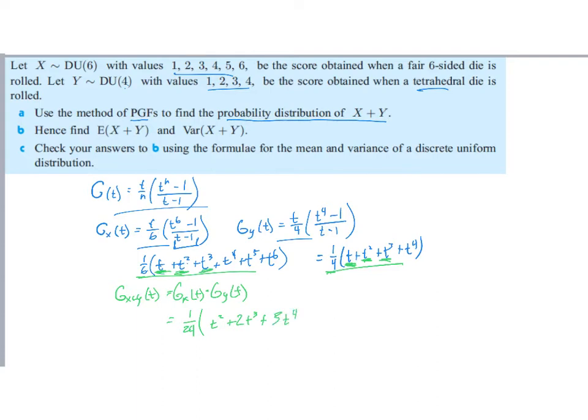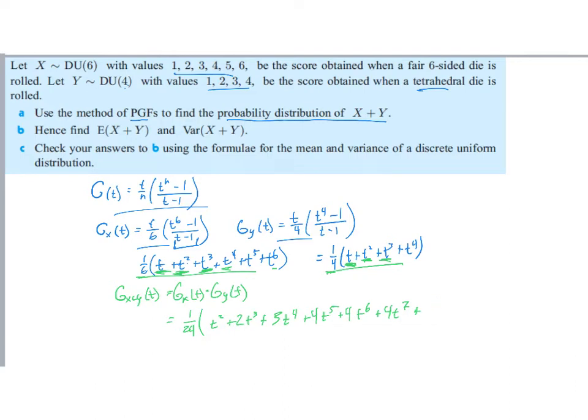From then on, I'm going to have 4 ways of getting t to the 5th, t to the 6th, t to the 7th, and by t to the 8th, I can only get 3 of them, right? Oops, sorry, that's not what I meant to write.